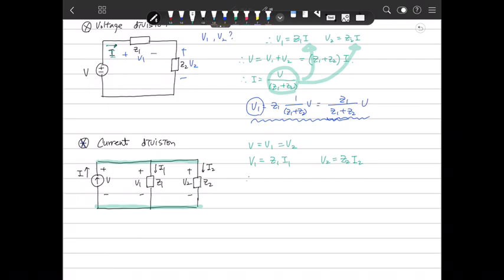Therefore, I is the same as I1 plus I2. There will be V1 divided by G1 plus V2 divided by G2. There will be V as common, it's 1 over G1 plus 1 over G2. This is what you have to do here.